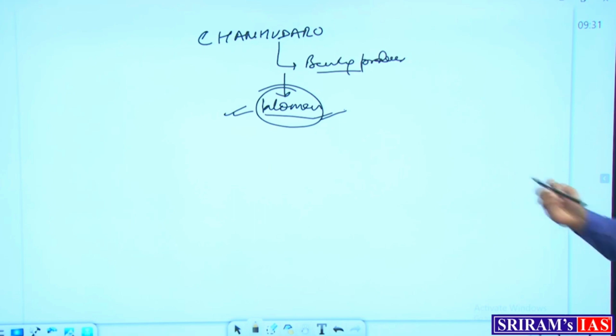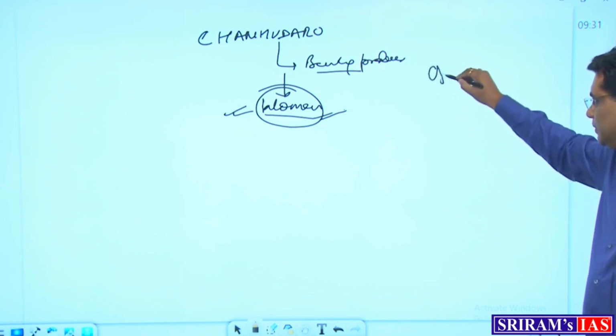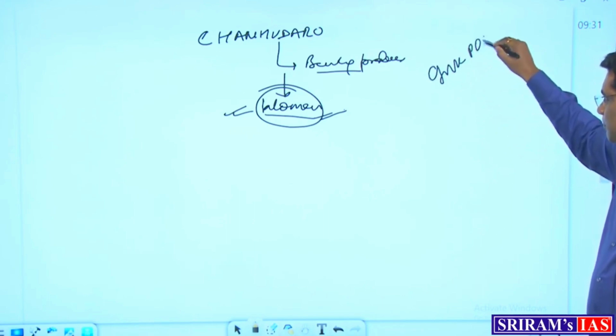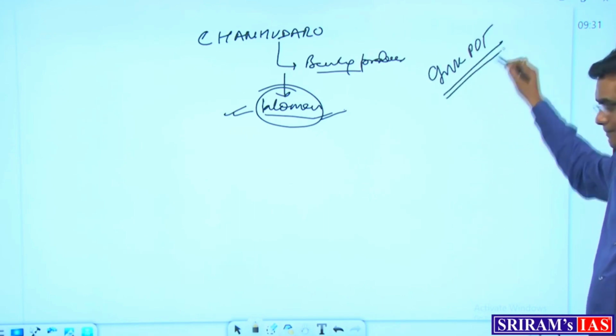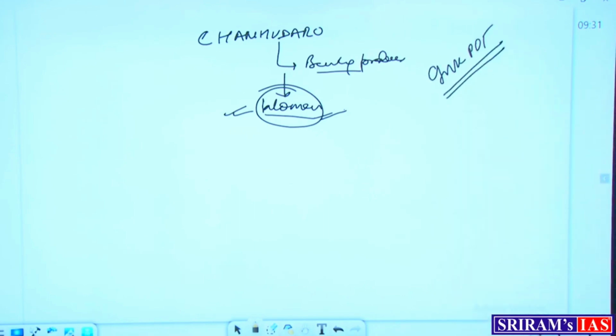We have found the ink pot also. It means a problem of study was there. So the ink pot was also found from Mohenjo.